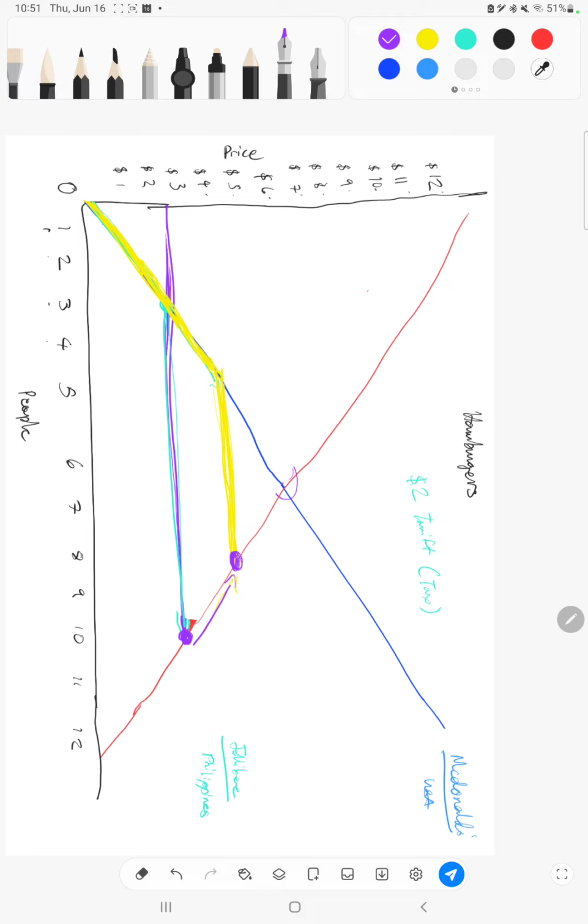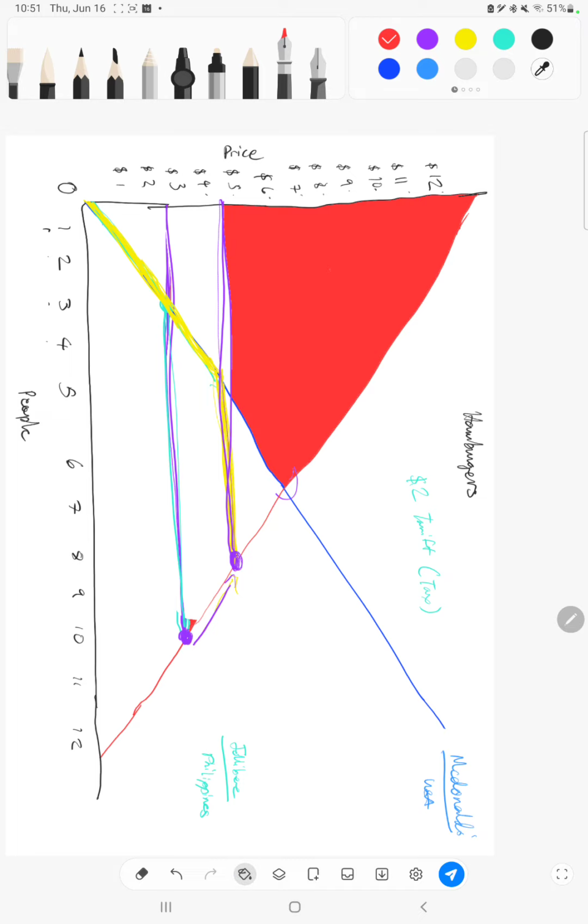And so this is what happens. Right here, we have a line. This is where the price level was. Consumer surplus is right here. Oh, almost got it there. That is consumer surplus. It has shrunk.